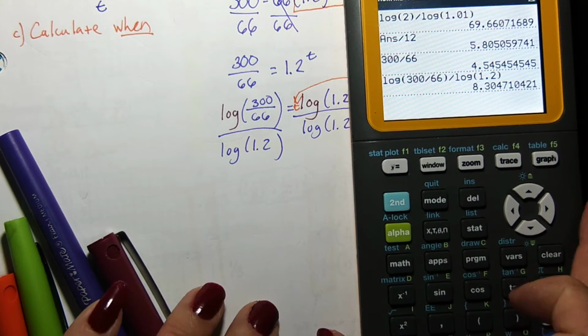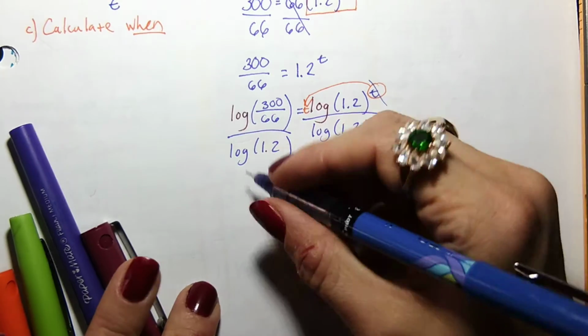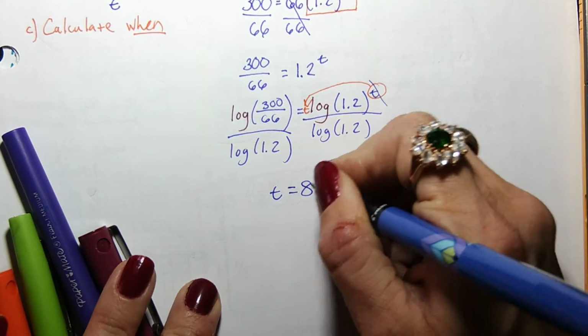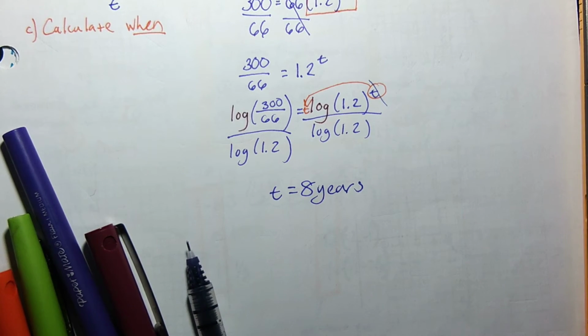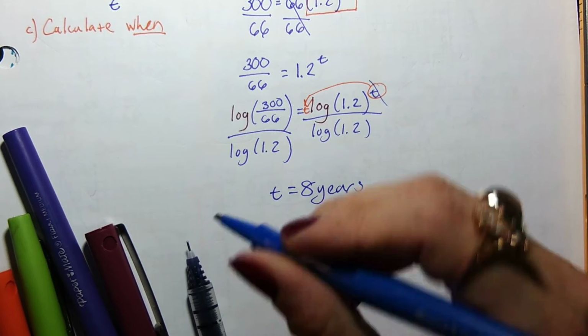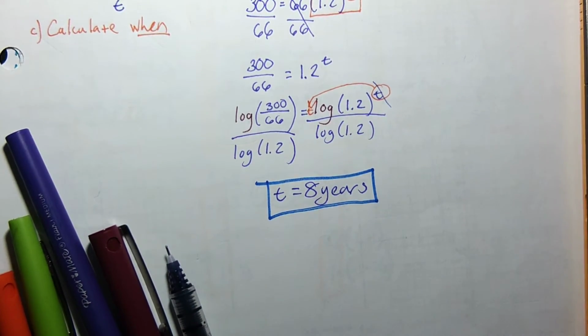And let's round to the nearest year. Should have gotten t is about 8 years. So that's how long it will take for the population of wolves to get up to 300.